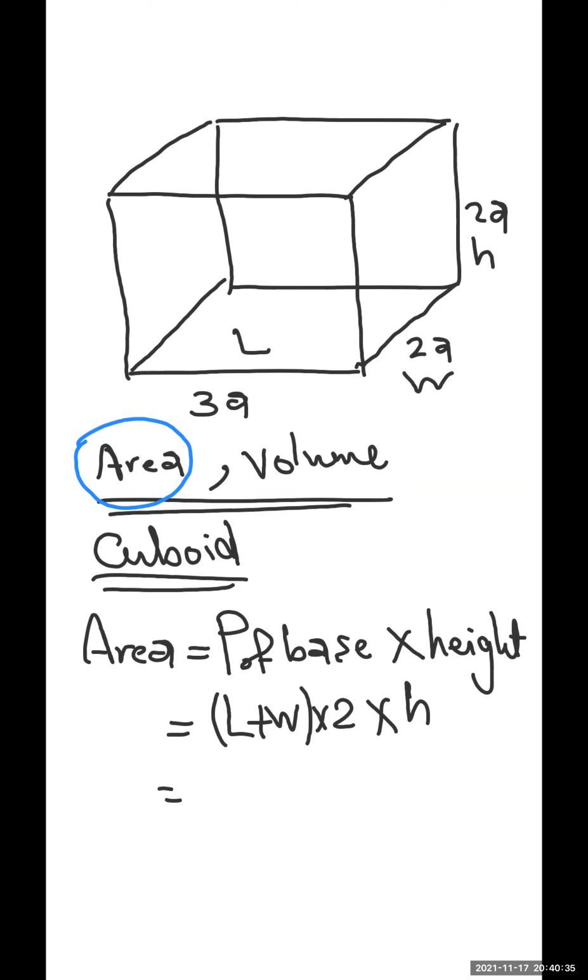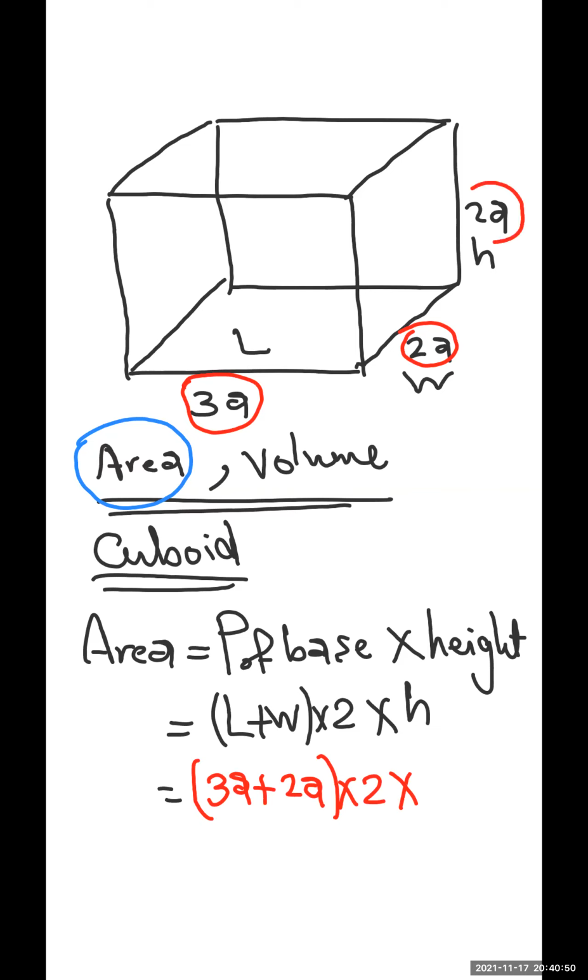So length plus width, it's 3a plus 2a, then times 2, then times the height, that's 2a. So simply 3a plus 2a is 5a, times 2 times 2a.